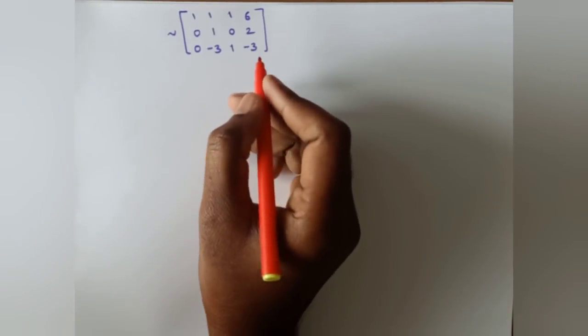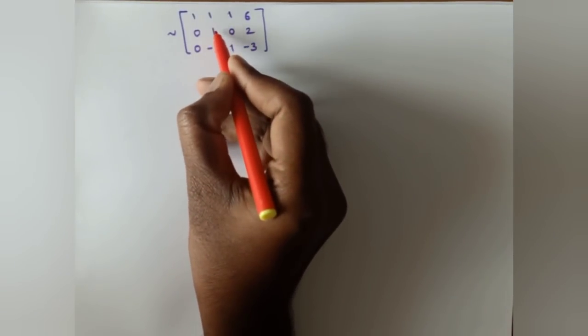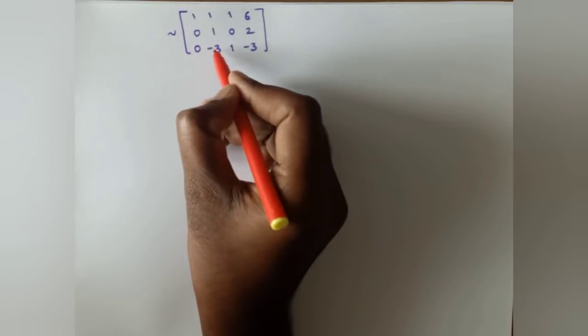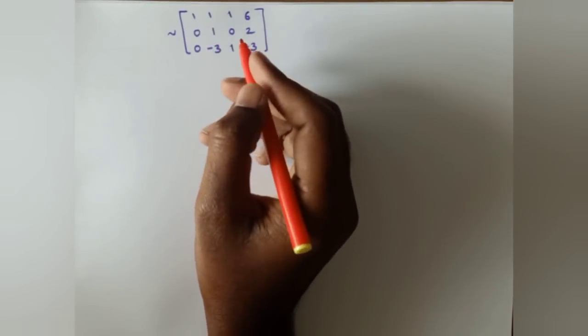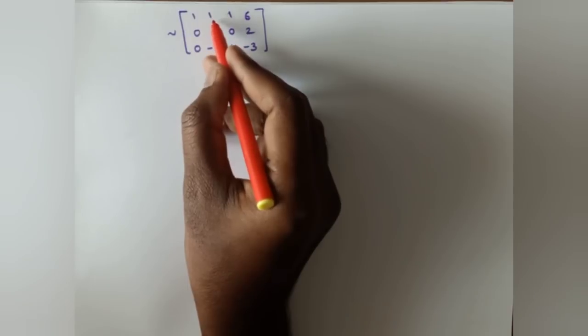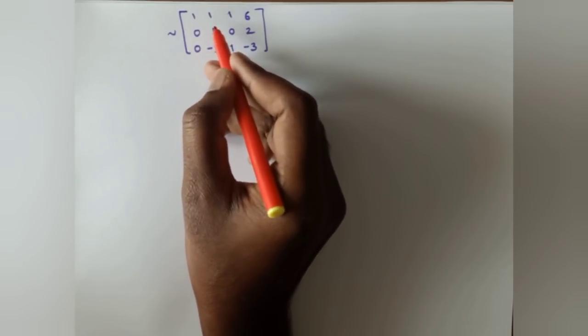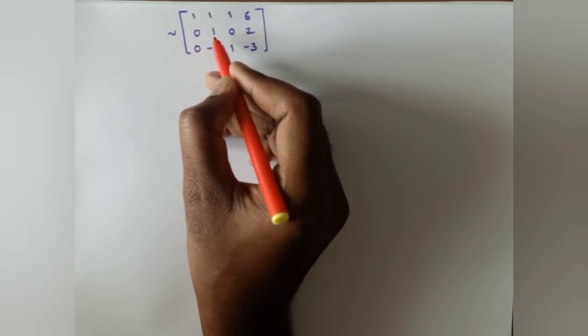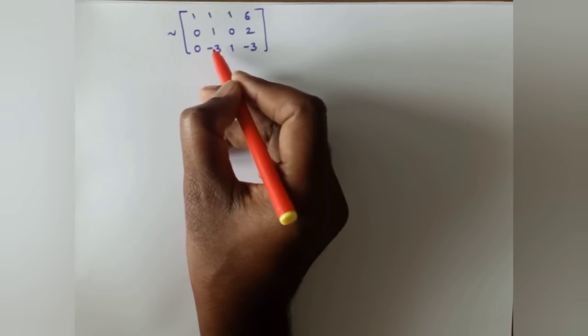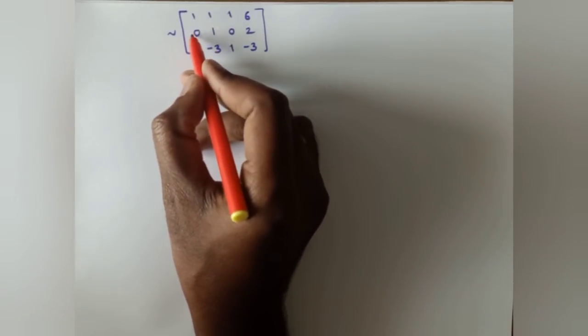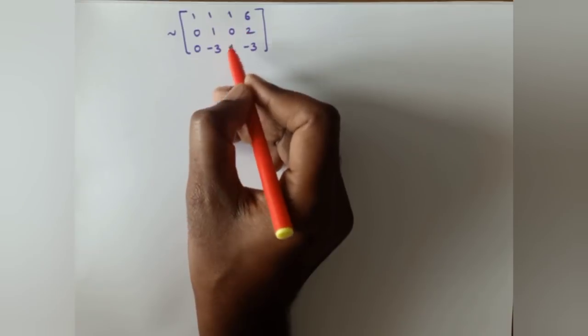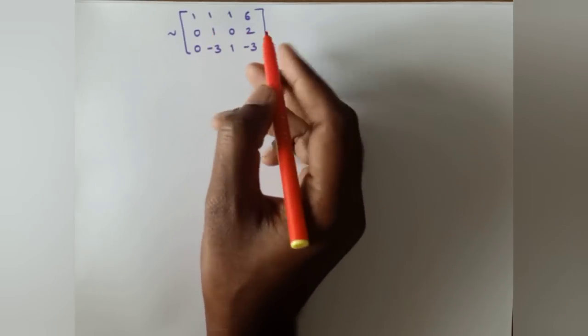Now next, by using this second row's second element, you need to make these two elements 0. This is very simple. 1 minus 1 means you can apply R1 minus R2. Now to make this element 0, you need to multiply this row by 3. Minus 3 plus 3.